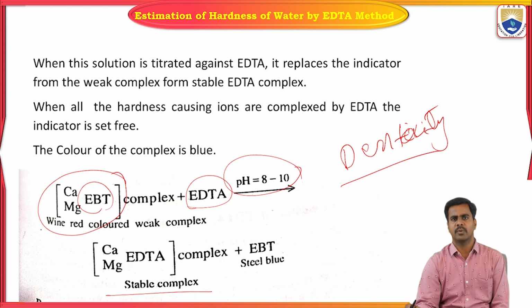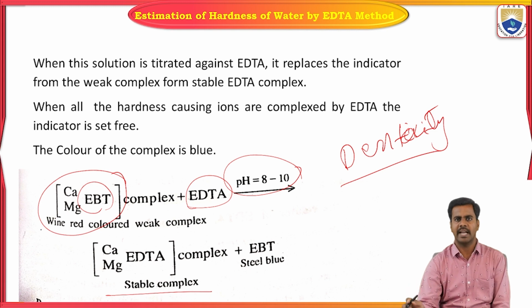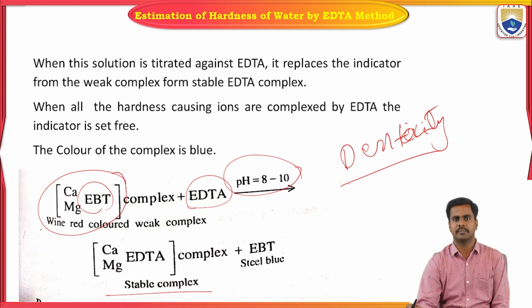Denticity is the tendency of a ligand to donate lone pairs of electrons to the metal to form coordinate covalent bonds. How can we explain the denticity phenomenon?